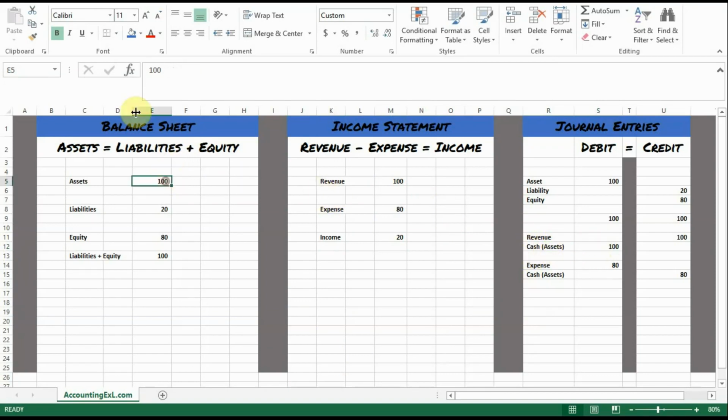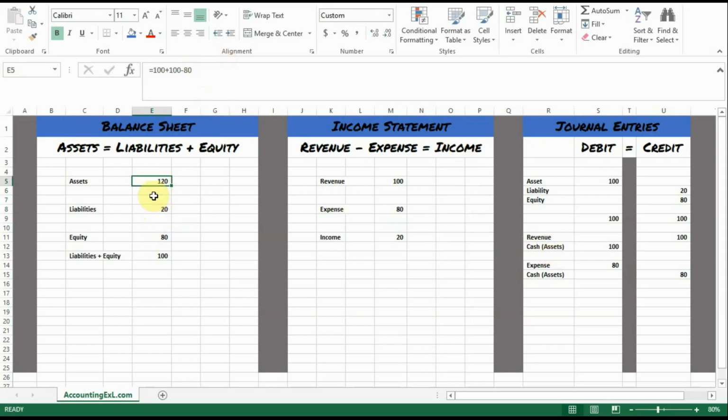So we're going to increase our assets by $100. And then our next transaction, we have a decrease in cash, a credit of cash of $80. So we're going to subtract $80. All right, so that's the effect on the balance sheet.